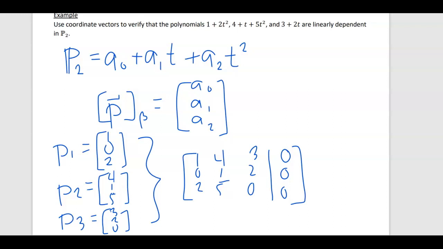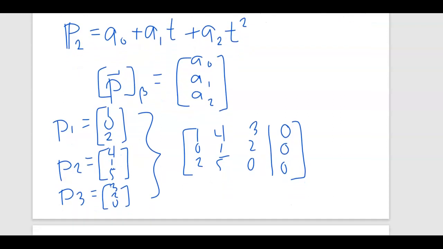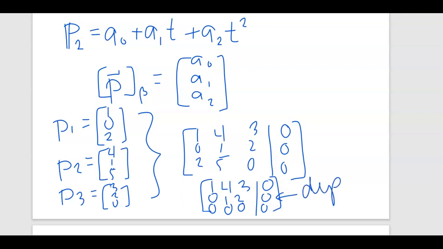For the sake of time, I'm going to just let you know that the reduction of this matrix ends up being 1, 4, 3, 0, 0, 1, 2, 0, and then this bottom row ends up zeroing out. So because of this piece right here, x3 is free, the other vectors are going to be dependent on this. We do not get linearly independent pieces for these polynomials, so they are linearly dependent.